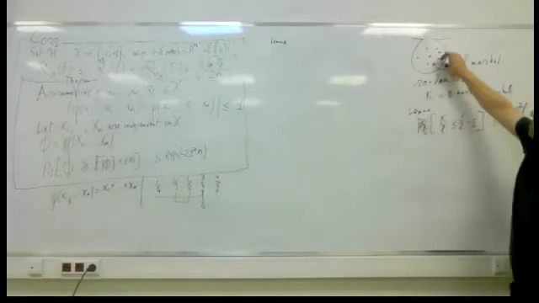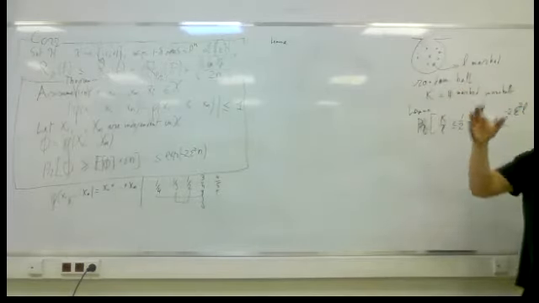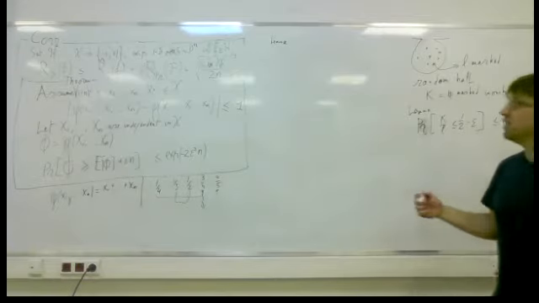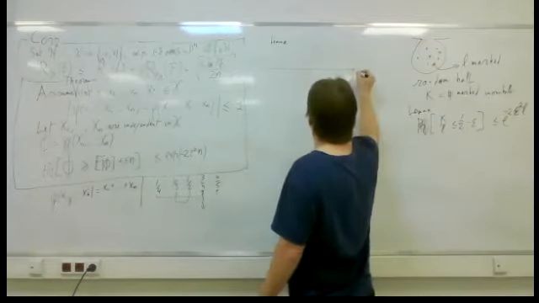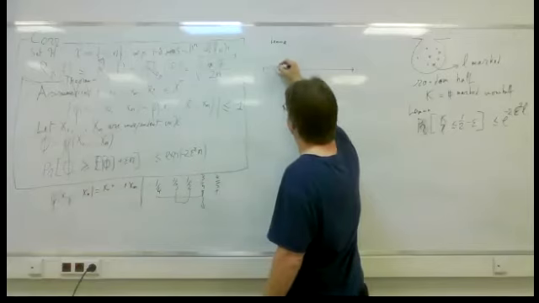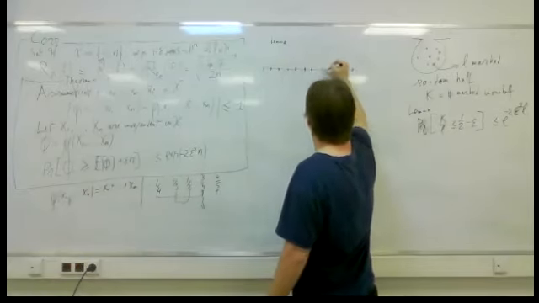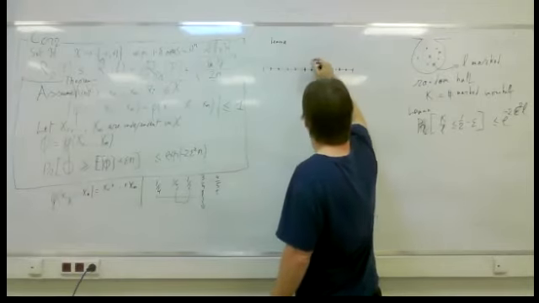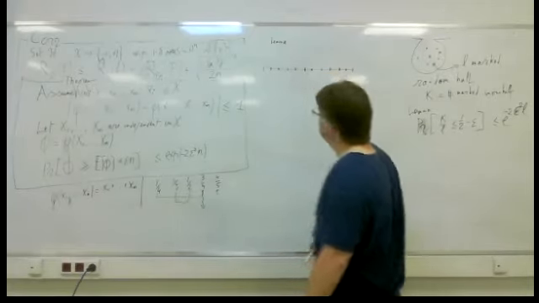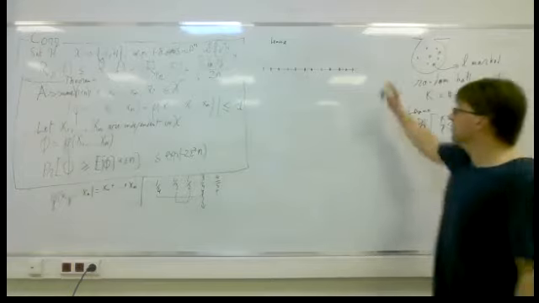So here we have a bunch of objects, and we need to take a random half. Let's do it in a specific way. Let us make a line and reserve places for all the objects. At some point there is the half of the number of objects.